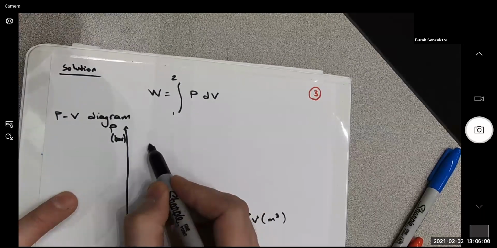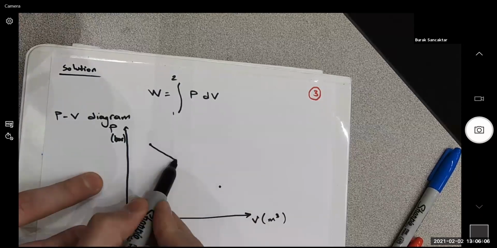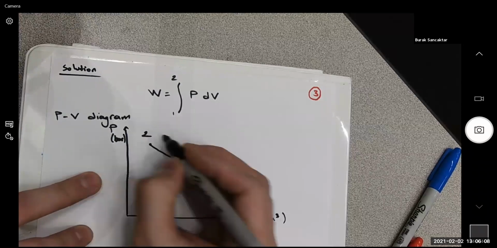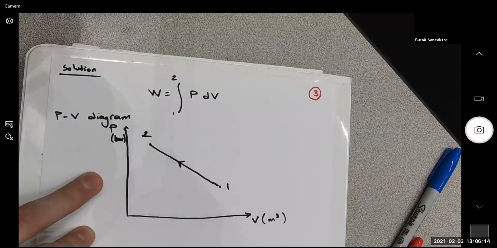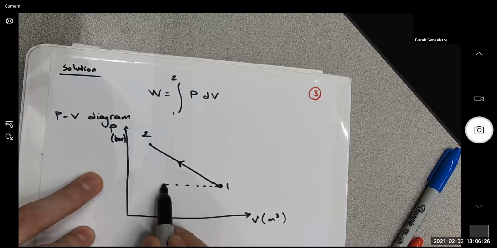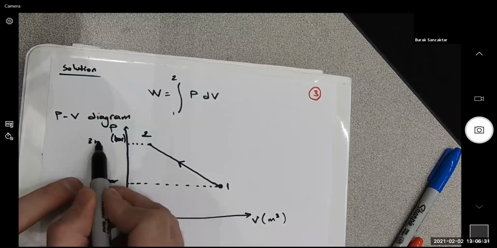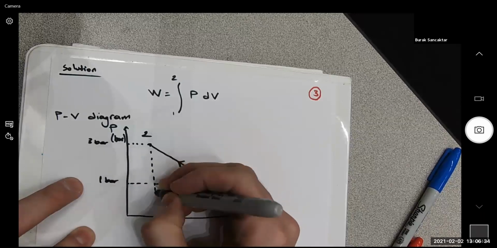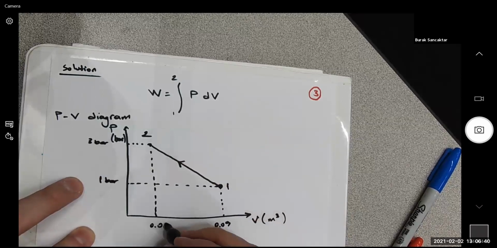State 2 and state 1. Direction of the process. Where's my state 1? Pressure 1 bar, pressure 3 bar. Volume 0.09, 0.03.